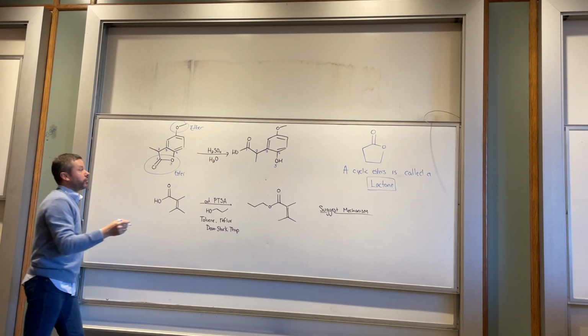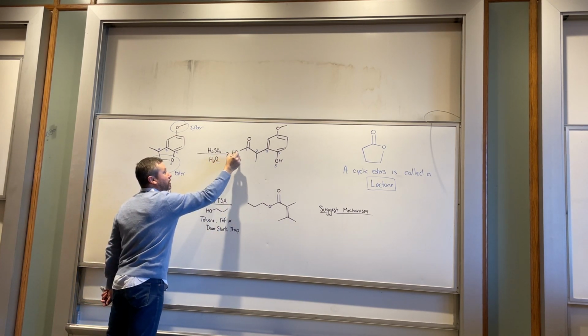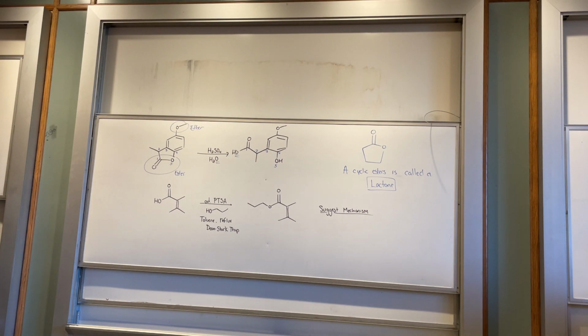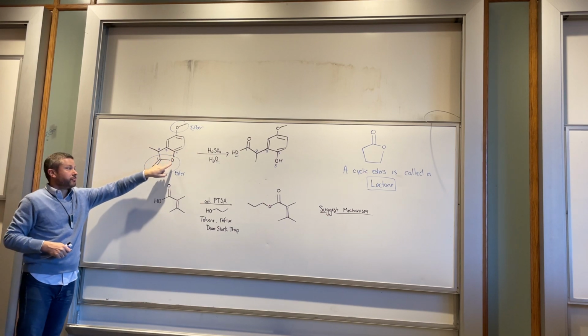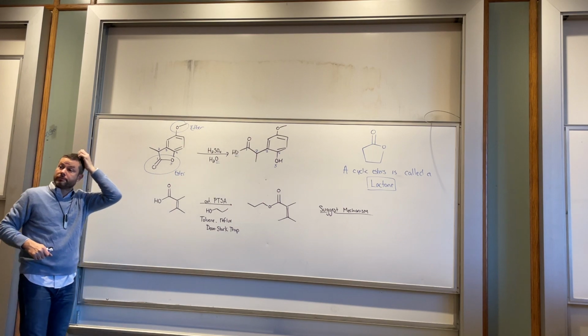The oxygen of the water ends up being one of the oxygens of the carboxylic acid. Then this oxygen that's attached to the benzene ring stays attached to the benzene ring and becomes an alcohol.